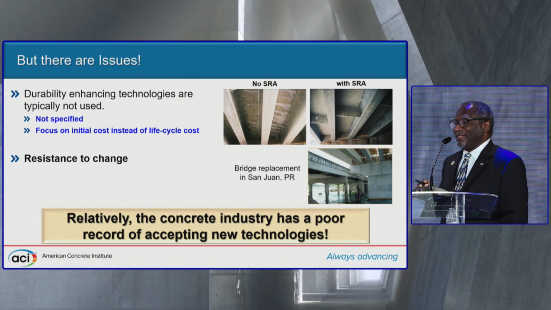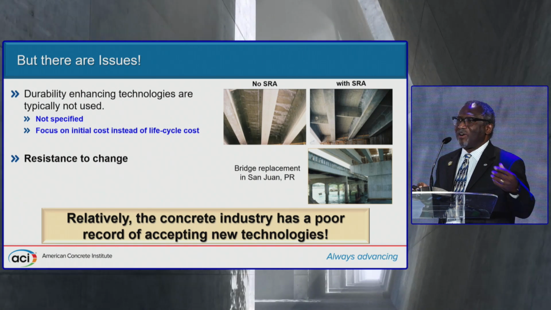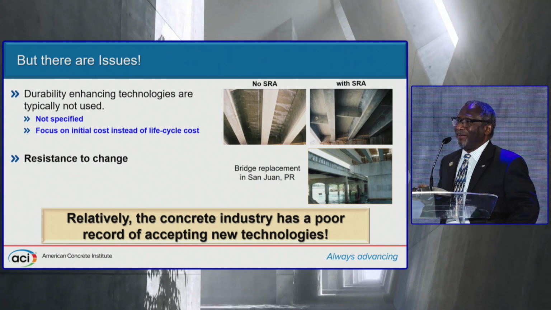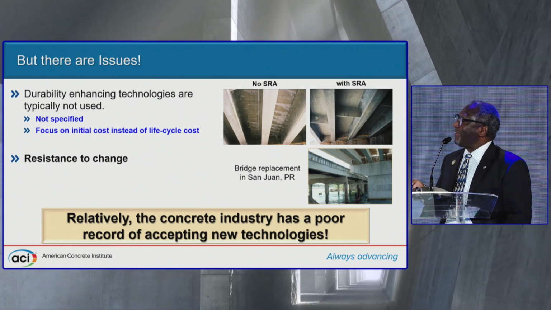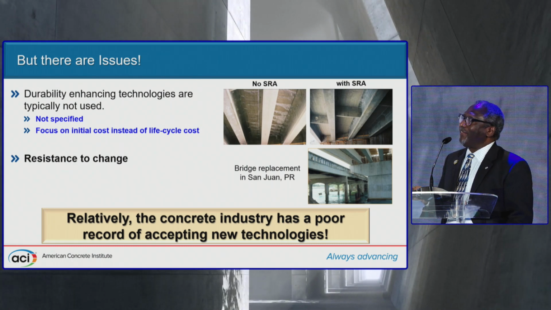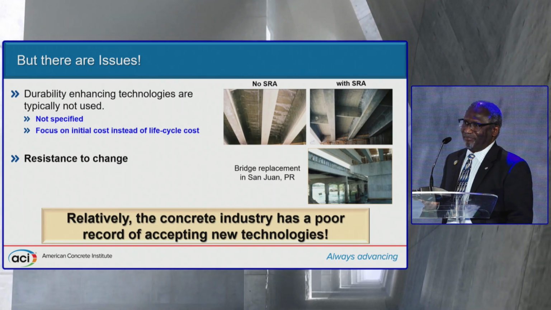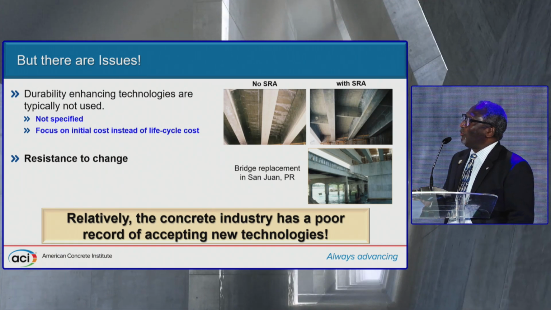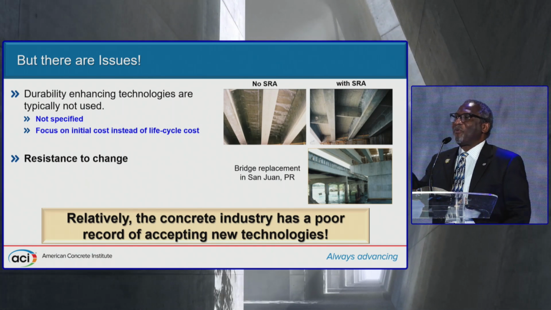Now, this slide basically says we have issues. Why is that? Even though we have all of these durability-enhancing technologies, they are typically not used. Why? Because they're either not specified, or, as I indicated earlier, the focus is on initial cost instead of life cycle cost. And beyond that, we also have the situation of resistance to change. "I've always done it this way.